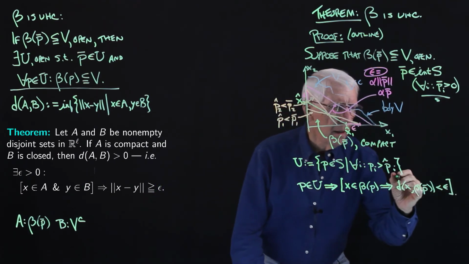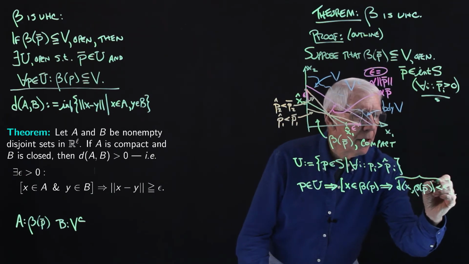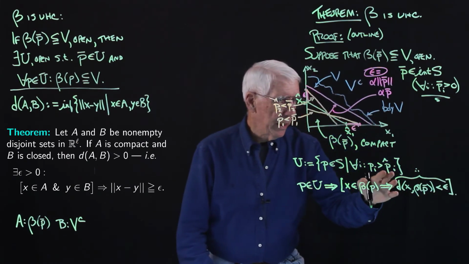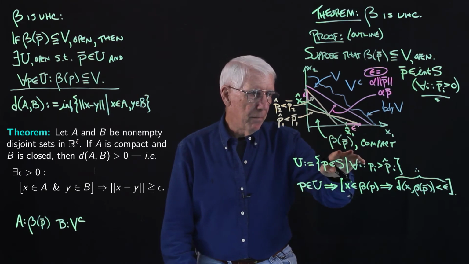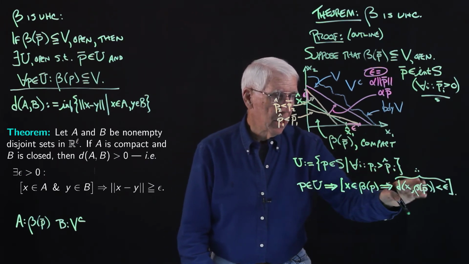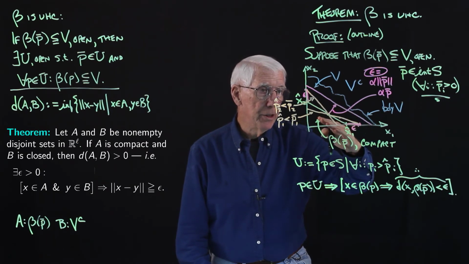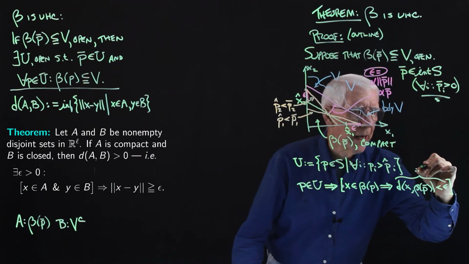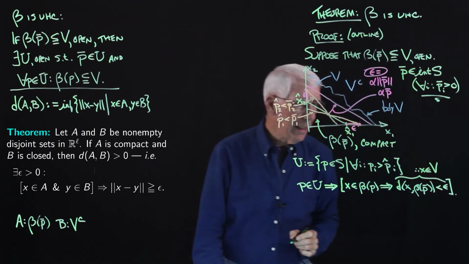And of course, if the distance between a point and the budget set beta of P bar is less than epsilon, then we're inside the pink bounded region, and in particular, then we're also inside the set V. So this would say that X is therefore also in V.